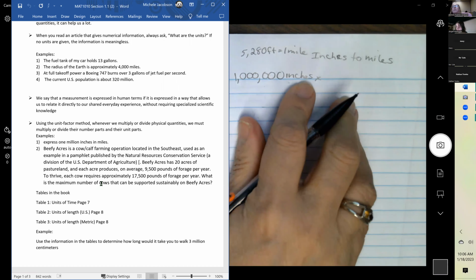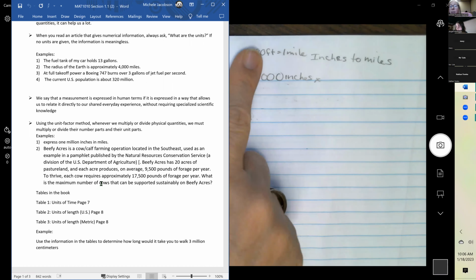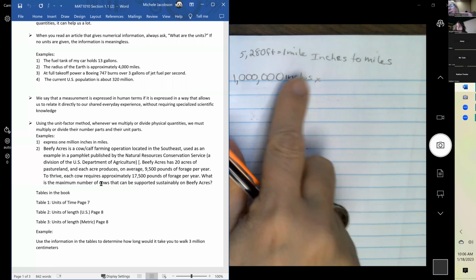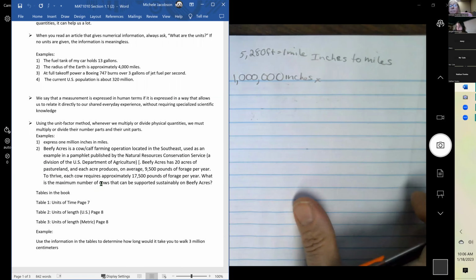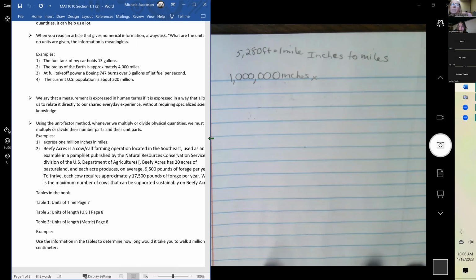But we have inches. Well, we could go from inches to feet, and then we can go from feet to miles. So how many inches are in a foot? And if you don't want to say, you can type it in the chat. 12. There we go, 12. Yep.